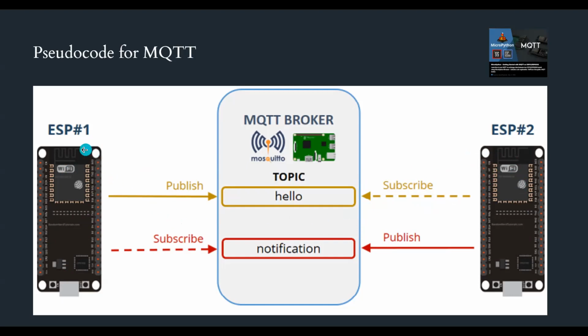The ESP1 device can collect temperature data anytime. Until ESP2 connects to the MQTT broker and notifies the broker that it is subscribing to a certain topic, the broker will not know that the device needs the temperature data.